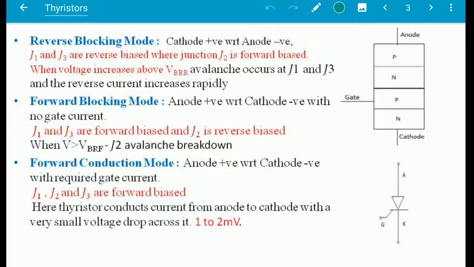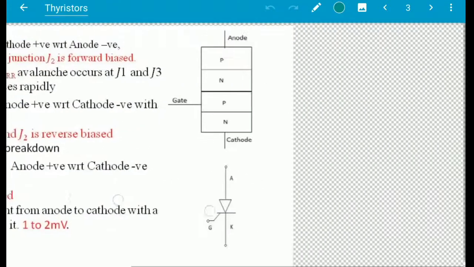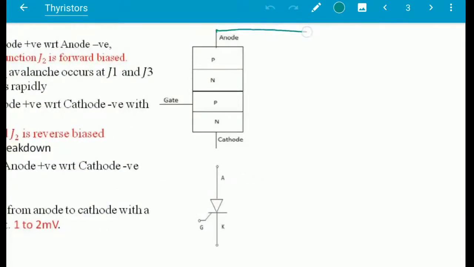In reverse blocking mode the thyristor is in reverse biased condition, meaning we have connected negative to the anode and positive to the cathode, and no gate current, voltage or excitation is provided.